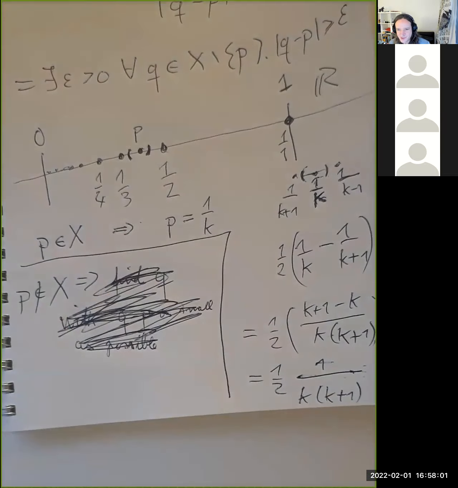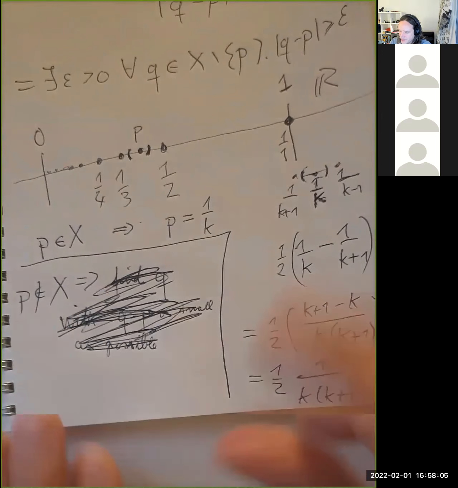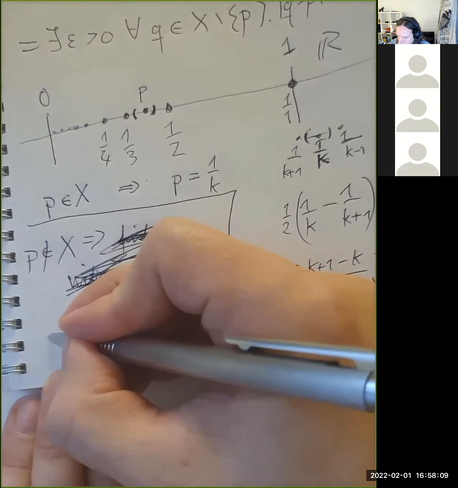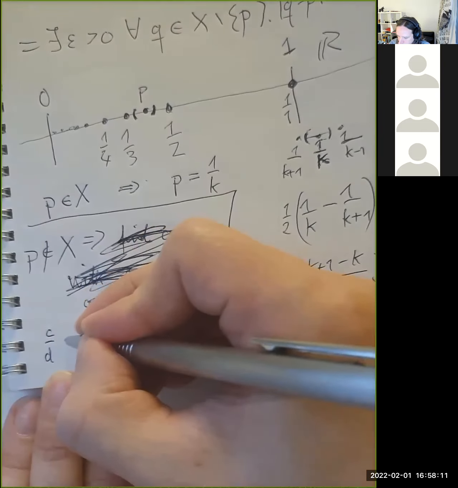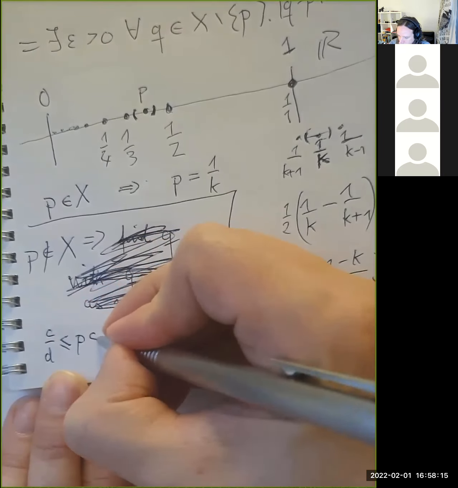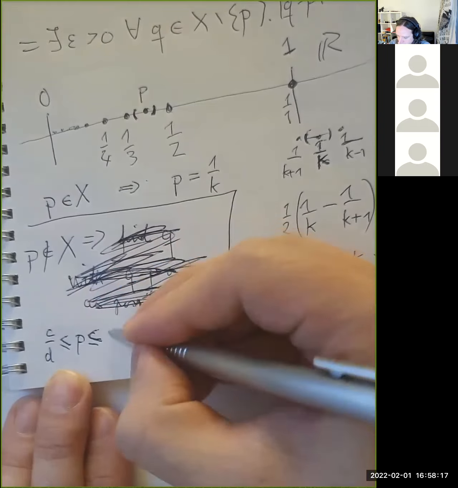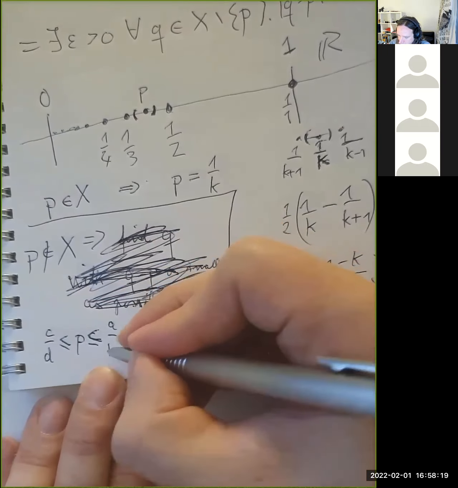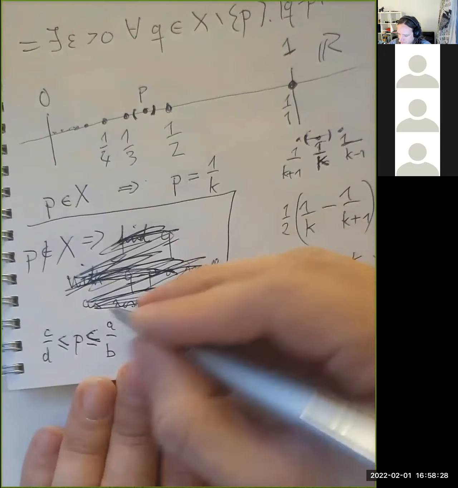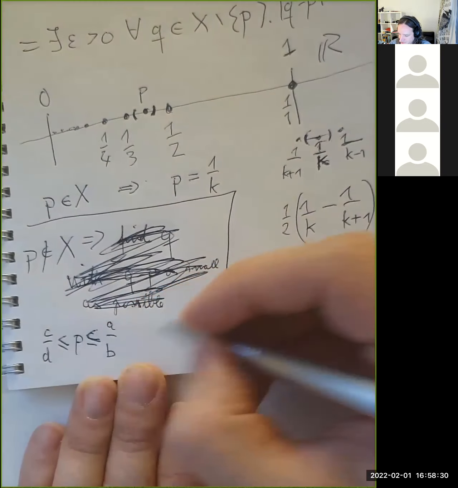We actually have to use a property of the real numbers now. And that property is, for every real number, you can find two fractions, two rationals, such that this number is between them.